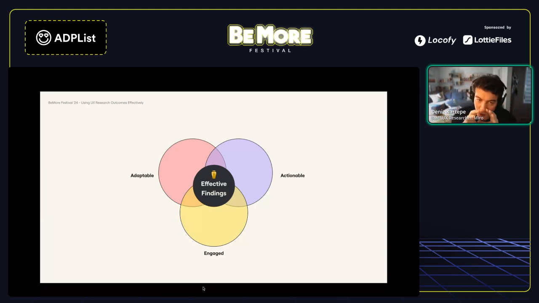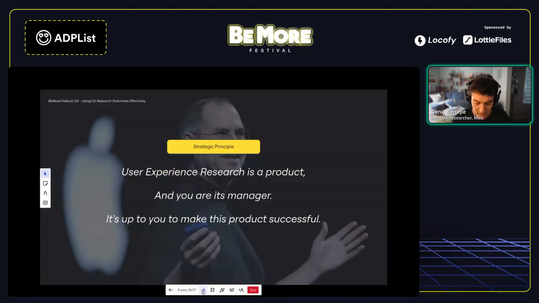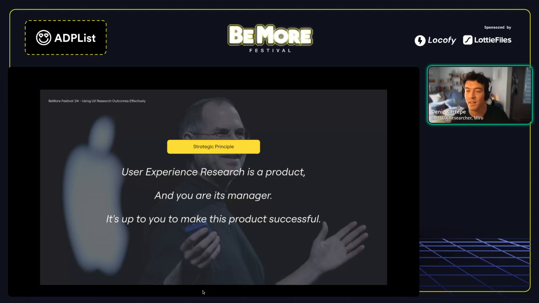And once we zoom in into that black circle and into what it means, it becomes this. User experience research is a product, and whoever does the research is its product manager. And it is up to them to make this product successful. So considering user experience research as a product becomes really critical.